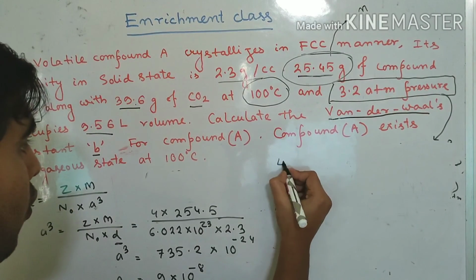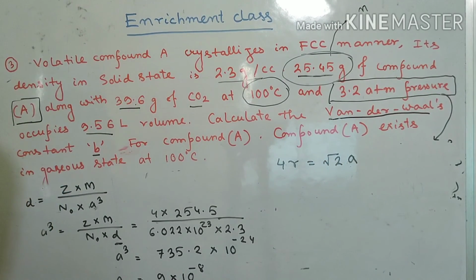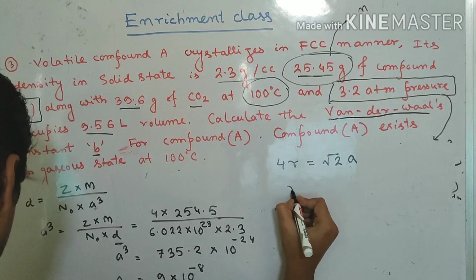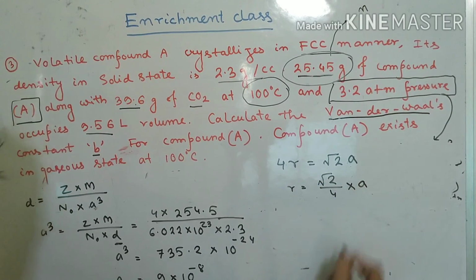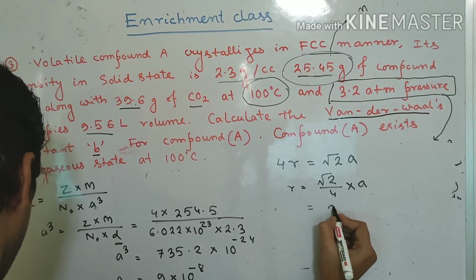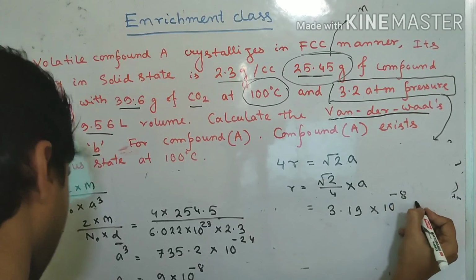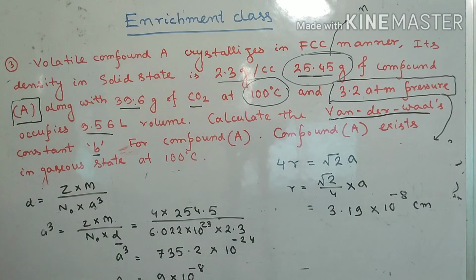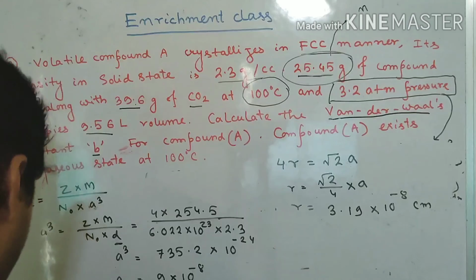So we know 4r is equal to root over 2 into a. So r should be root over 2 by 4 into a. So it should be 3.19 into 10 to the power minus 8 centimeter. So I have got r now.